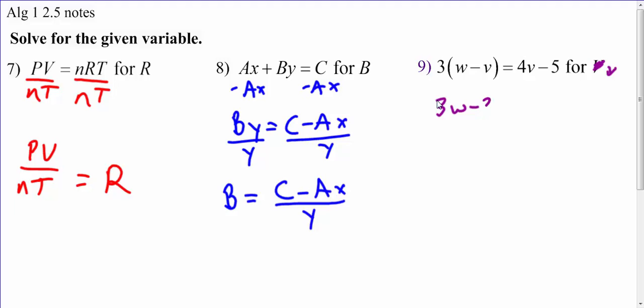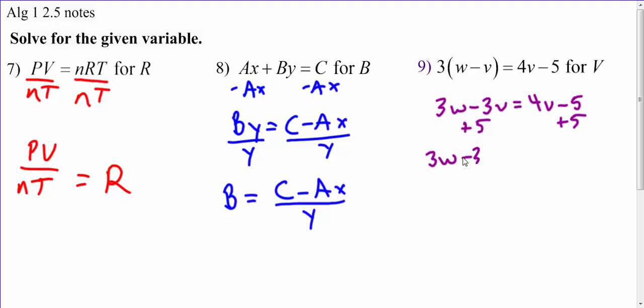3w minus 3v. You know what property that is, I do believe. The distributive property is equal to 4v minus 5. Now we have to keep in mind what we're doing here is solving for v. I need to get all the v terms together on one side of the equation, and I need to put everything else on the other side. So I'm going to start by adding 5 to each side, and you could switch the order on this a little bit.